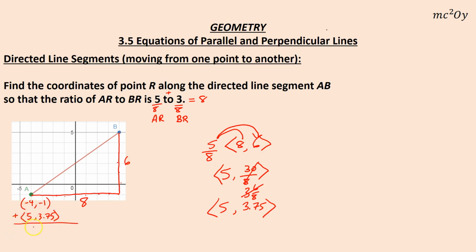So we get negative 4 and 5 is 1. And negative 1 and 3.75 is 2.75. My coordinate for point R is 1, 2.75. That is our coordinate.